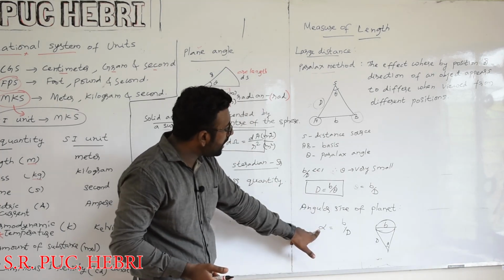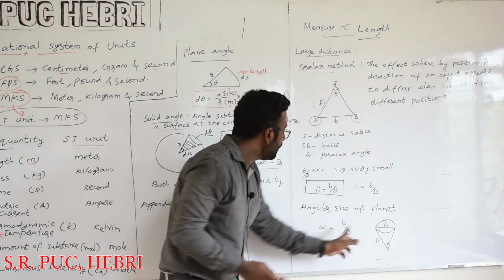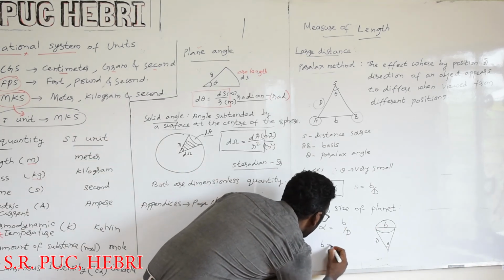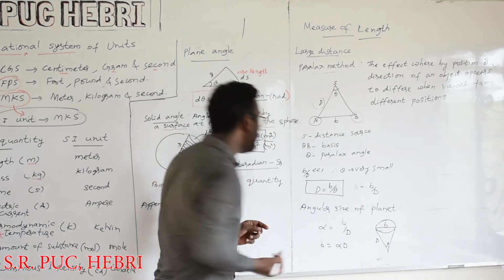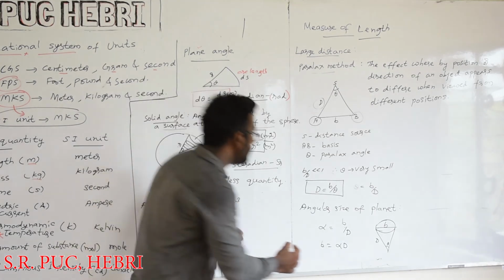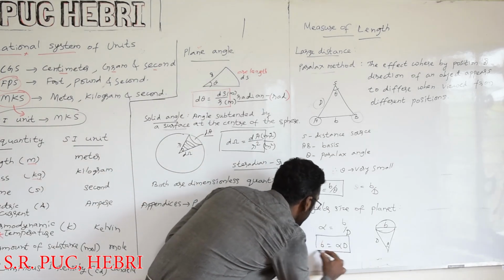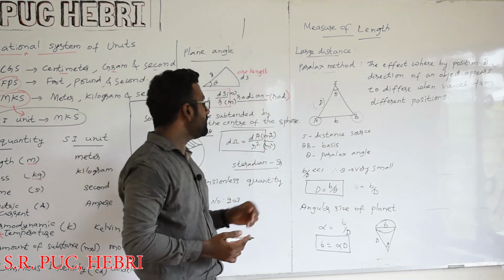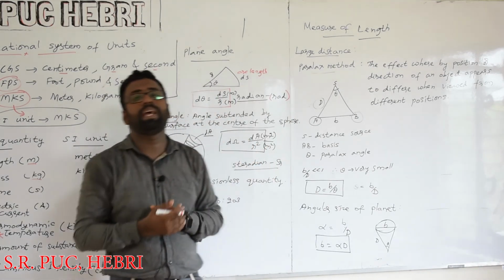By knowing the value of alpha, you can find out B. So I can write B will be equal to alpha into D. Okay. So this method is an effective method in finding large distances as well as the size of the planets. Okay.